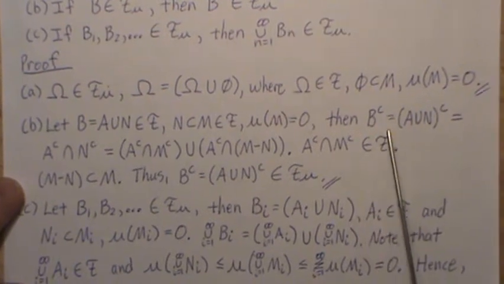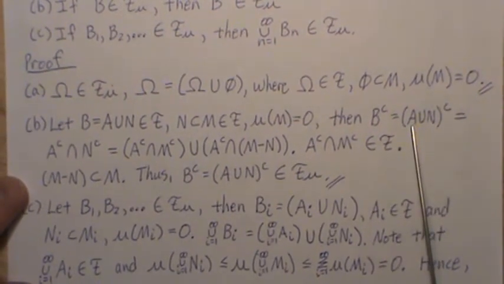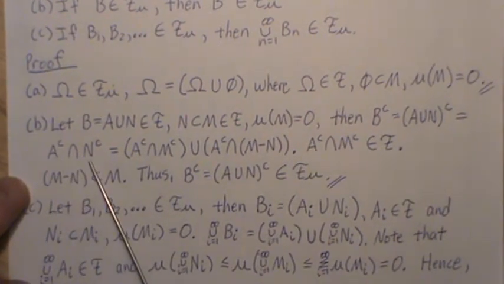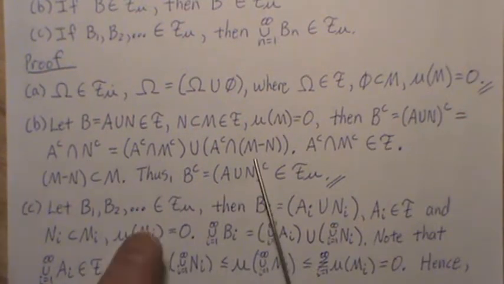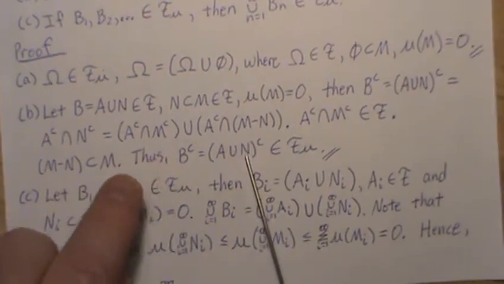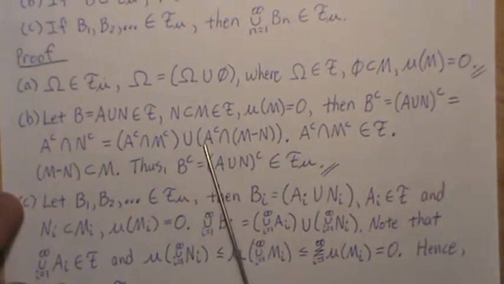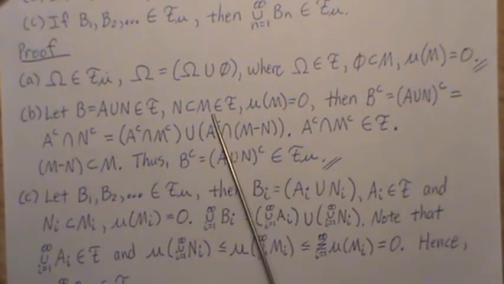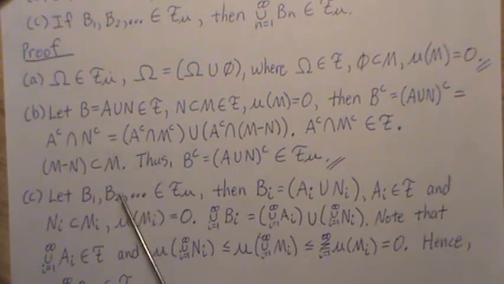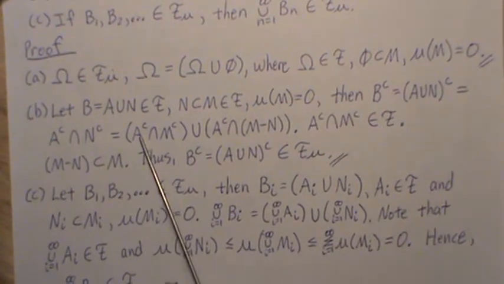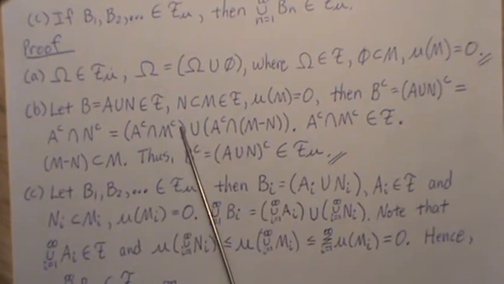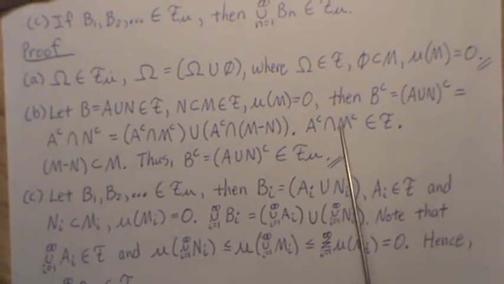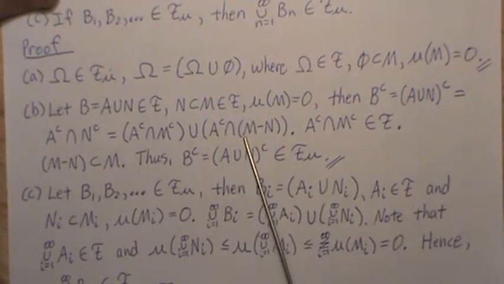Then the B complement, which is equal to A union N complement, is A complement intersect N complement, and I'm going to leave you with the details. It's not hard to go from here to here. And then this we know. M is in F, and A is in F, and it's a sigma field, so its complements are in it, and finite unions are in F. So this lives in F, and this right here is really small.